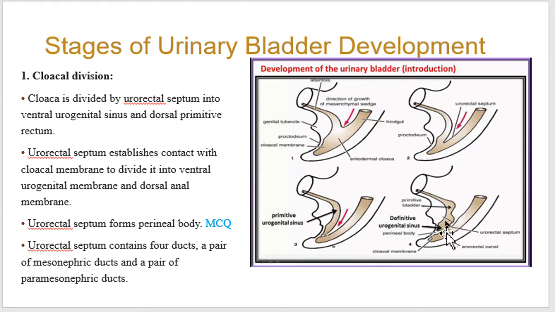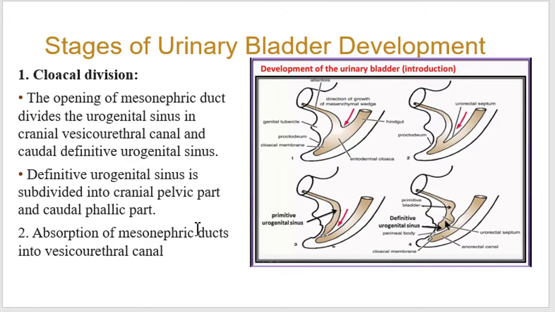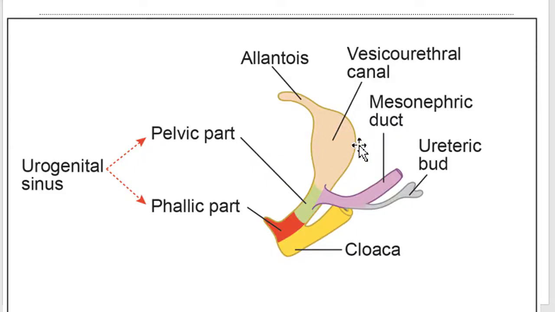Within the urorectal septum lies the mesonephric duct. Above the opening of the mesonephric duct is the vesicourethral canal, and from that develops the bladder.